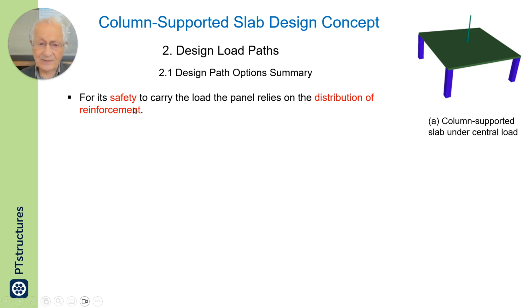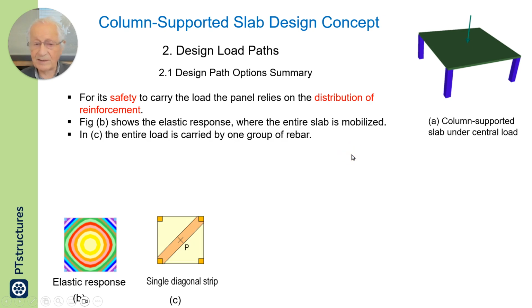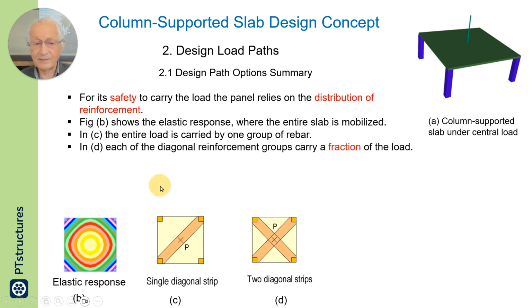For its safety to carry the load, the panel relies on the distribution of reinforcement. Now here, figure B shows the elastic response, where the entire slab is mobilized. In C, the entire load is carried by one group.